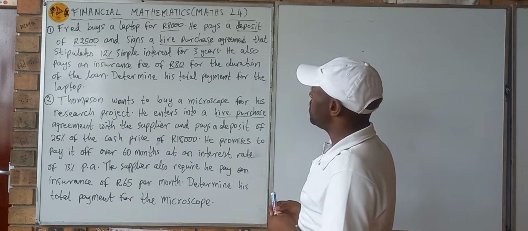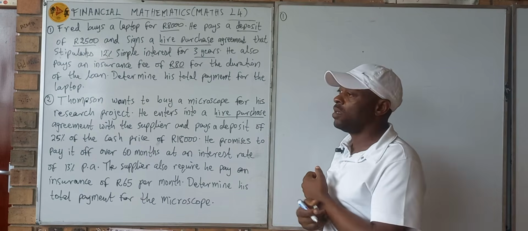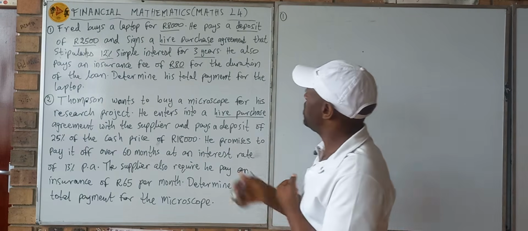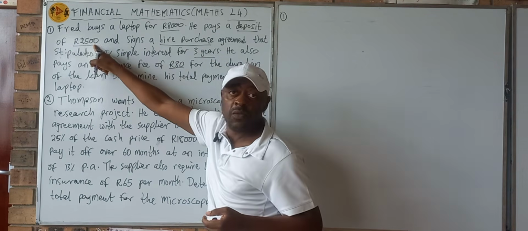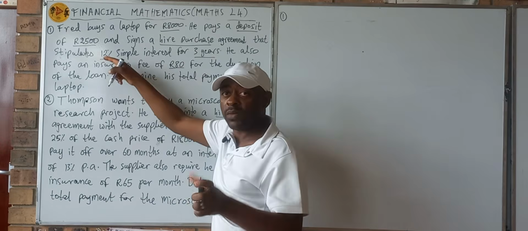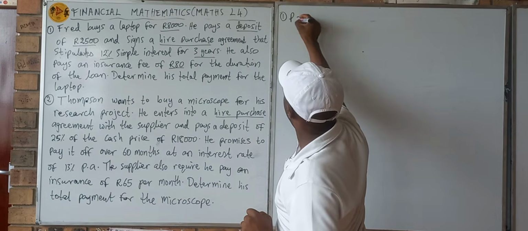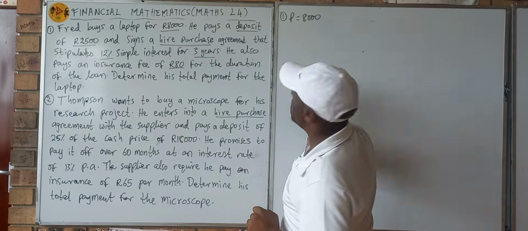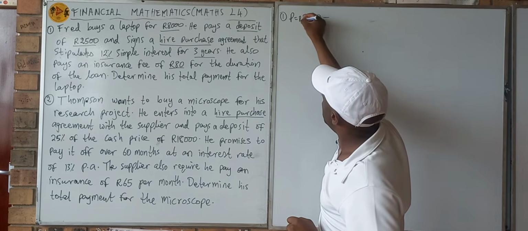So, in this kind of situation, the very first thing you look at is the principal loan, because you see the laptop costs 8,000, you only paid 2,500, so there is a loan that has been given to you in the form of the laptop. So the principal loan will be the cash price of 8,000 minus the 2,500.